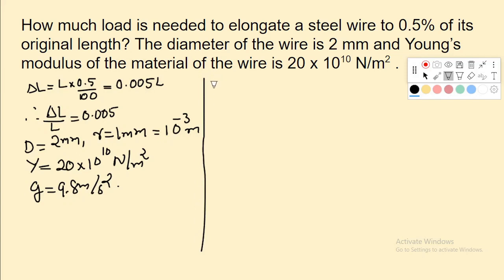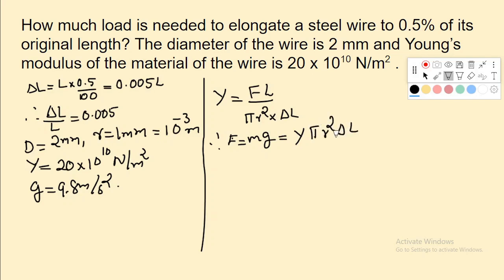So let us write the expression for Young's modulus: Y is equal to FL divided by, here we have the steel wire, so that is equal to pi r square into delta L. So from that, F, that is mg, is equal to Y into pi r square into delta L by L. Therefore, m is equal to Y into pi r square into delta L by L divided by g.